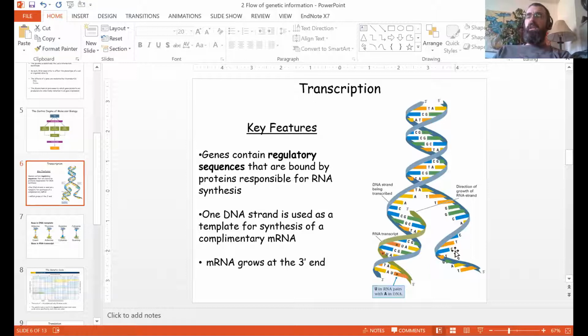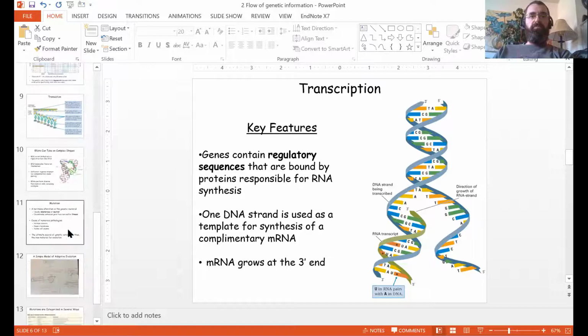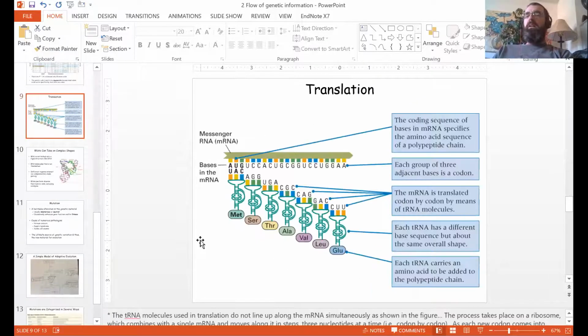Whereas when you go to translation, now you're taking that information in nucleic acid form and turning it into something functional, by putting together these series of amino acids into a polypeptide chain and then a functional three-dimensional protein.